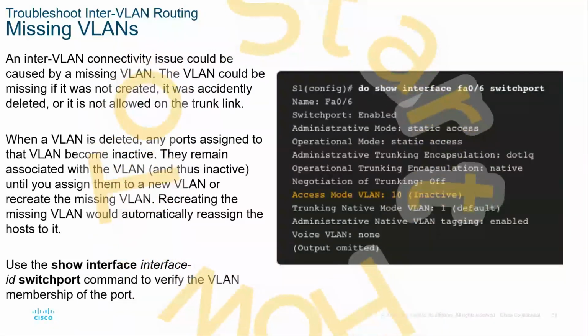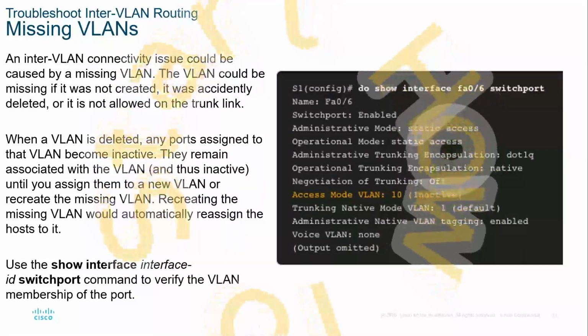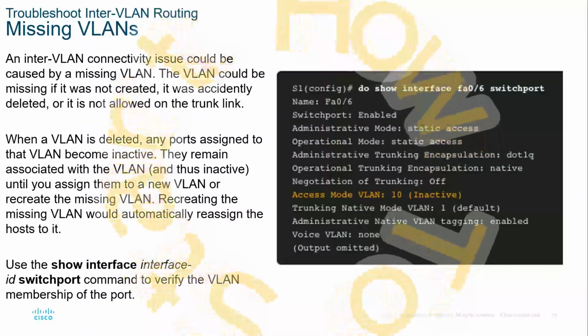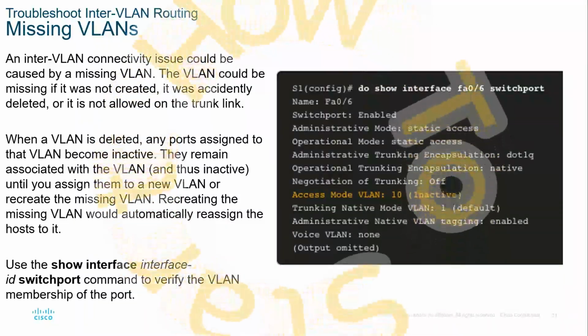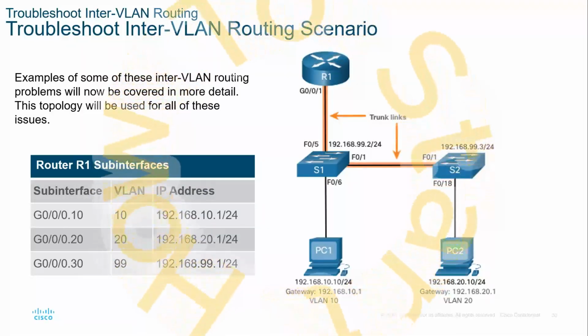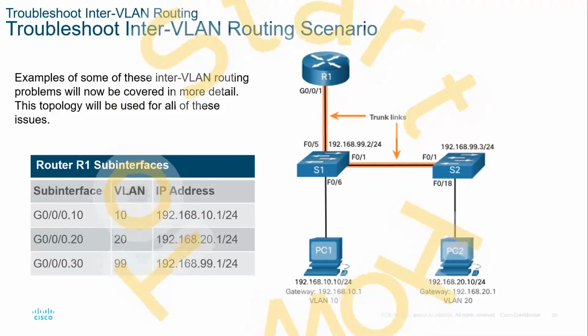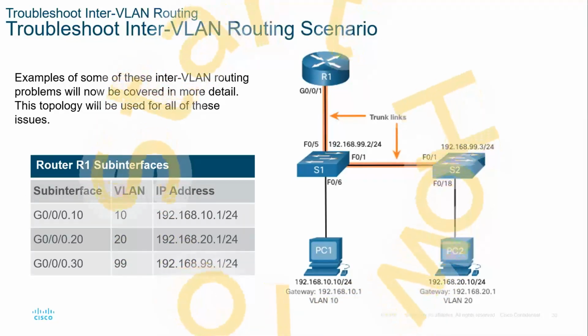If here we do a show interface FA0/6 switchport, we are in access mode VLAN 10. I'm going to go back. And that should be appropriate. VLAN 10 is attached to Switch 1 F0/6.